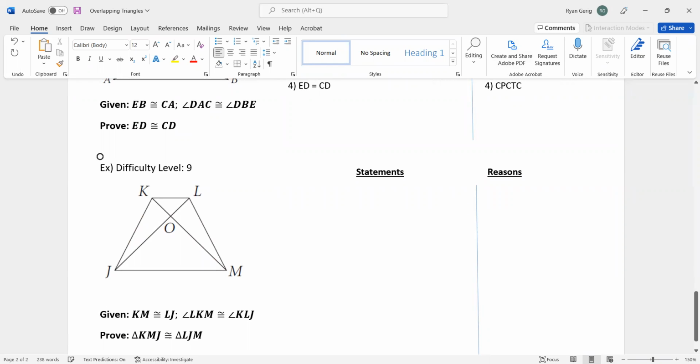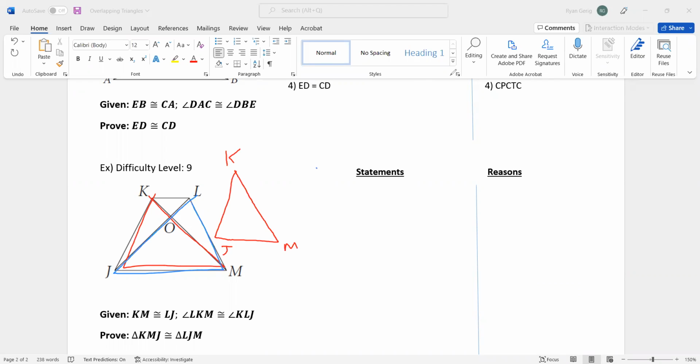Okay. And I'm going to separate and redraw KMJ. So KMJ, that's that one. And then LJM, that one.